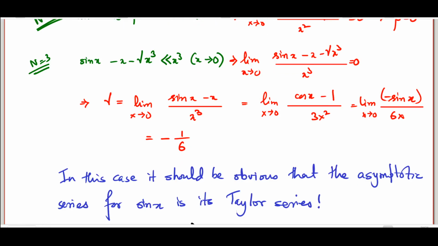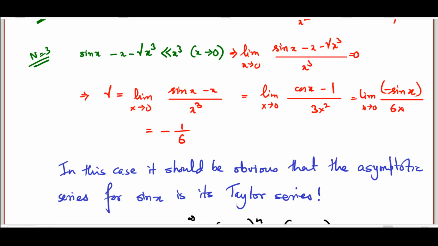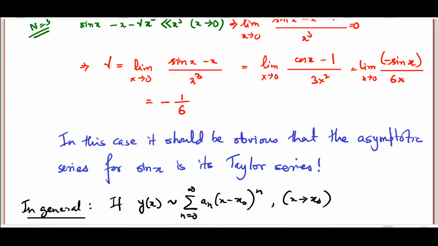In fact, you will see that there is a deep connection between asymptotic series on the one hand and Taylor series on the other. Indeed, if we start with a general function y of x and we claim that it is asymptotic to this power series, a_n times (x minus x0) to the power n, as x goes to x0, we can use exactly the same procedure that we followed earlier for sin x to figure out what the different coefficients a0, a1, a2, a3, etc.